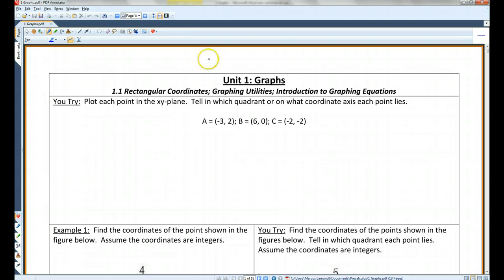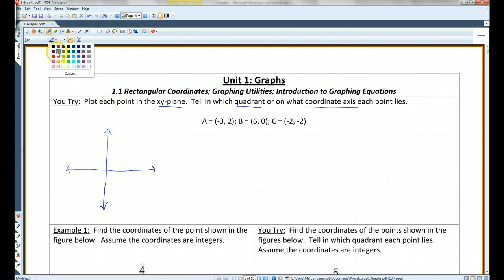So let's see here. It says plot each point in the xy plane. Tell in which quadrant or on what coordinate axis each point lies. So first thing, let's draw our xy plane. Look something like this. I will plot the very first point. Actually, hopefully you guys remember the quadrants look something like this.